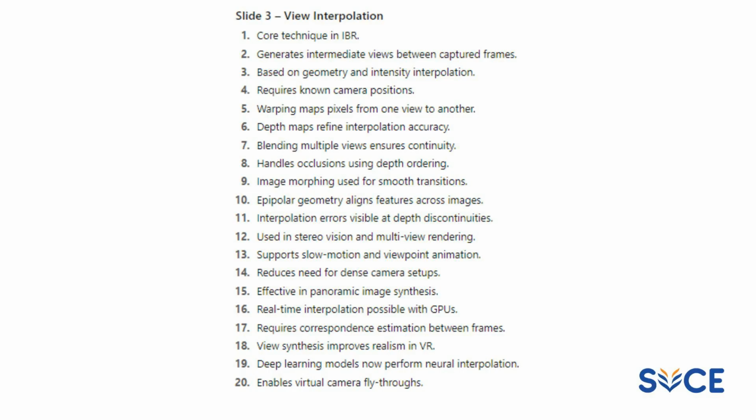It is used in stereo vision and multi-view rendering, which supports slow motion and viewpoint animations. It also reduces the need for dense camera setups and is efficient in panoramic image synthesis. Real-time interpolation is possible with the GPU, which requires correspondence estimates between the frames, and also enables virtual camera fly-throughs. So this is all about this topic. We'll move to the next topic.